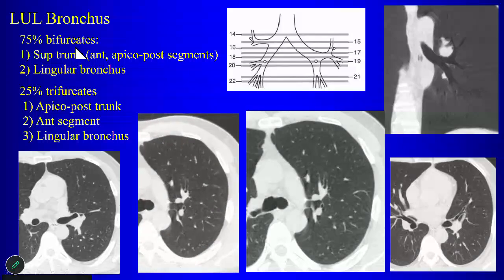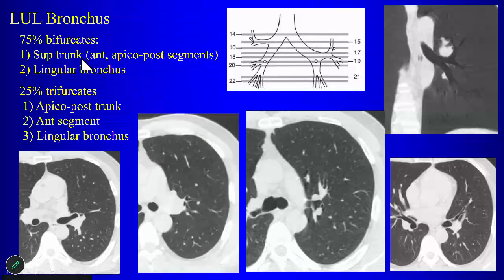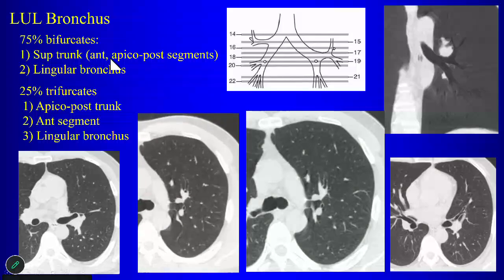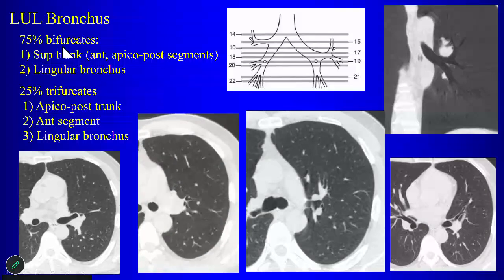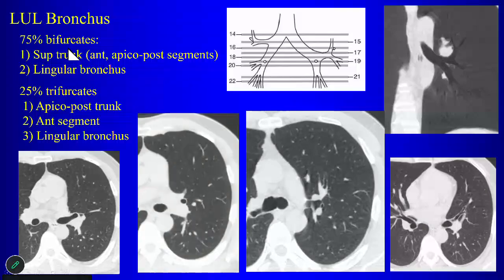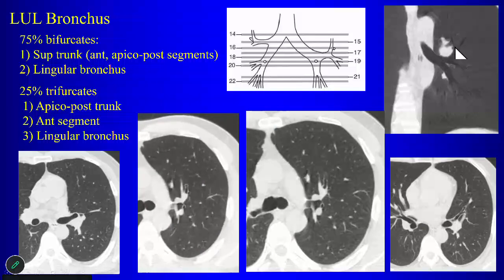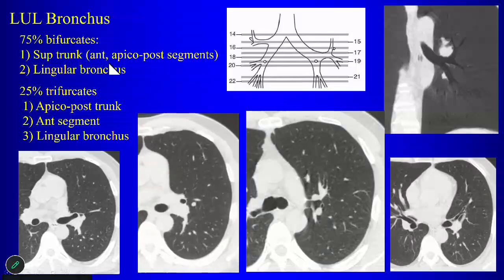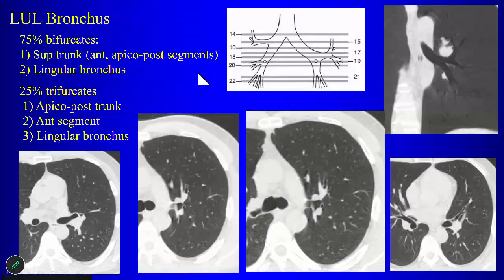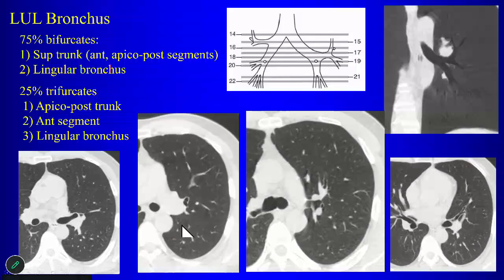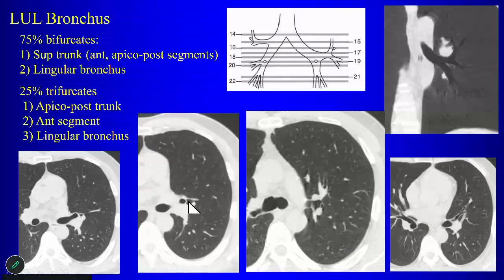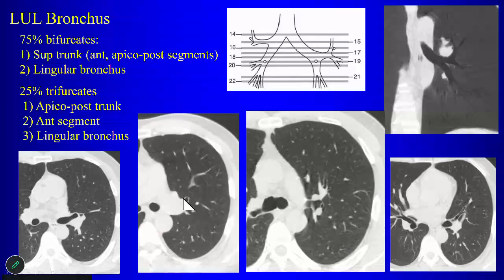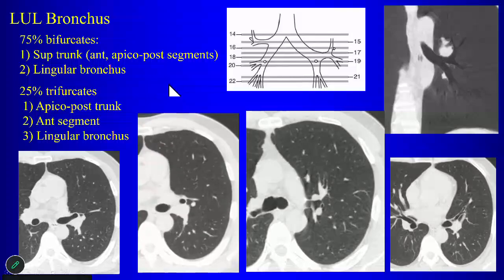For the left side, there is no left middle lobe, so the lingula is analogous to that, but the lingula is part of the left upper lobe. So the left upper lobe in 75% of cases will bifurcate into a superior trunk and a lingular bronchus. And then that superior trunk will divide into the anterior and the apical posterior segmental bronchi. So as we're going up here to the superior trunk, you'll get the apical posterior and then the anterior there, okay?